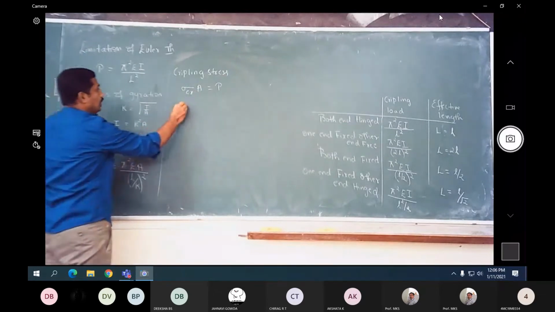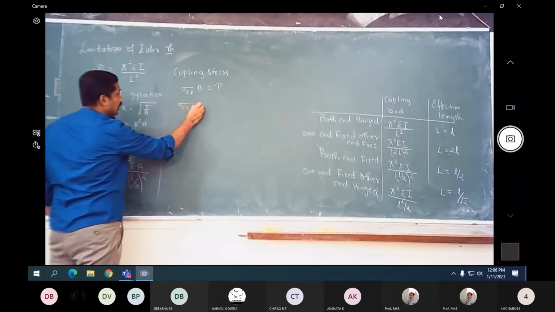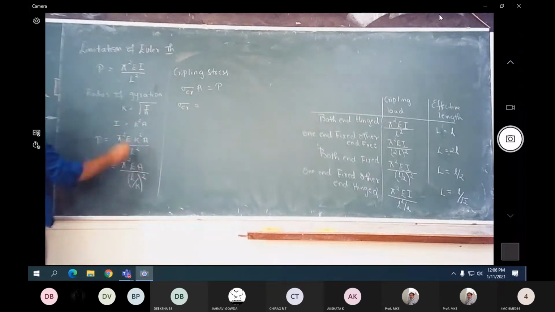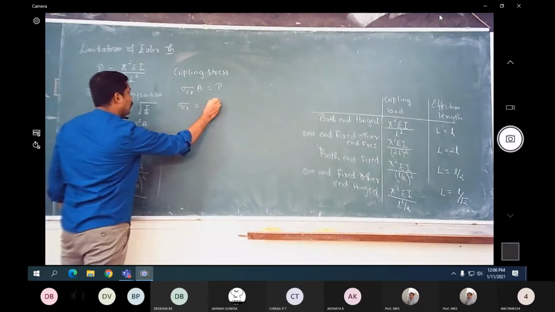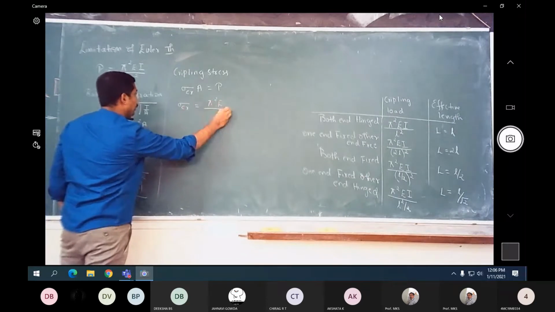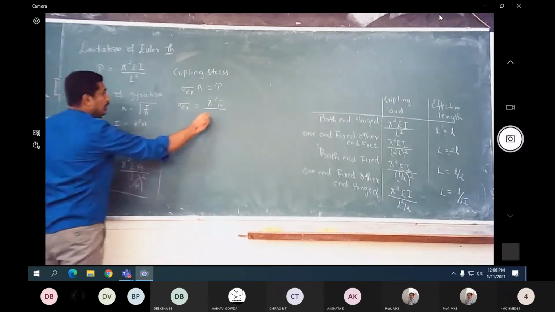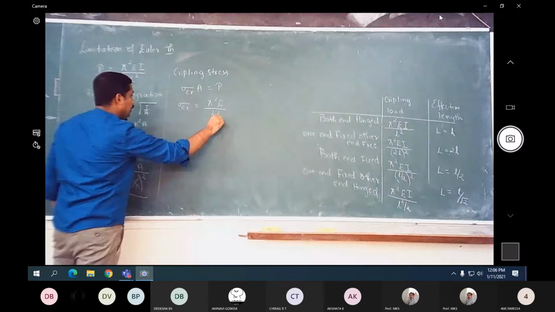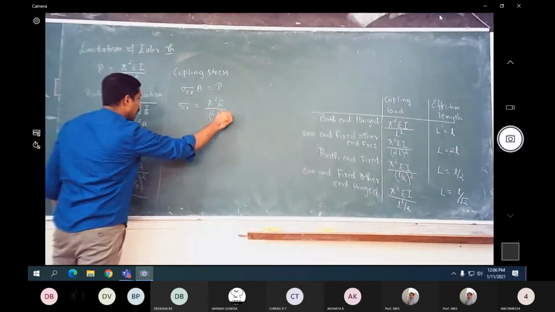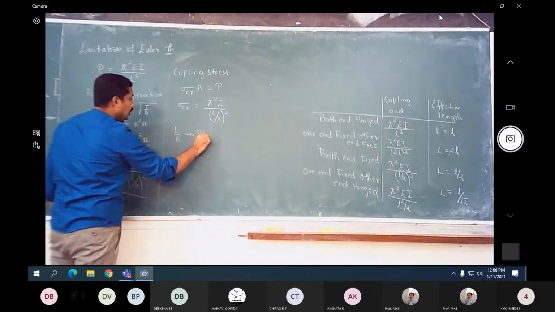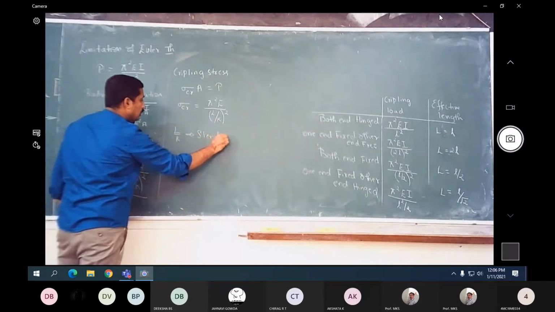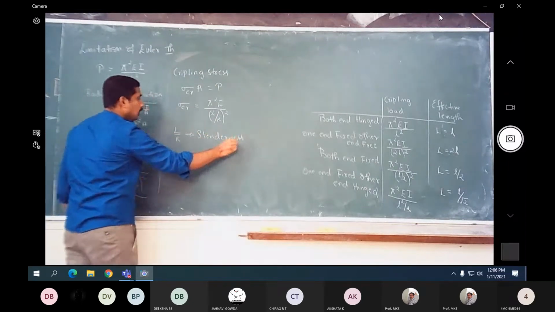If you substitute the crippling load P in this equation, you'll get the crippling stress equation. Crippling stress will be equal to pi square E by (Le by k) square, as A gets cancelled here. So this Le by k is the slenderness ratio.